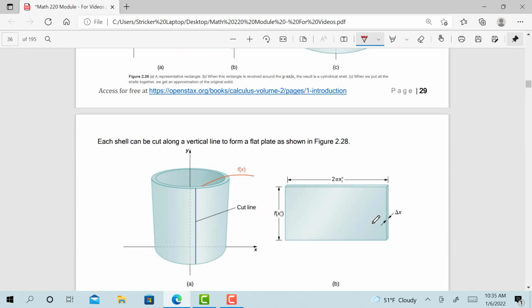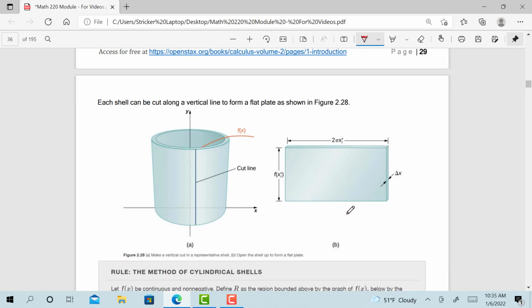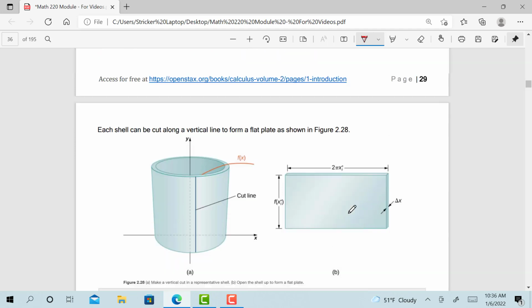If we do that, here on the next page, figure 2.28, we would see that if we laid that out flat, we'd have a really thin rectangular solid.